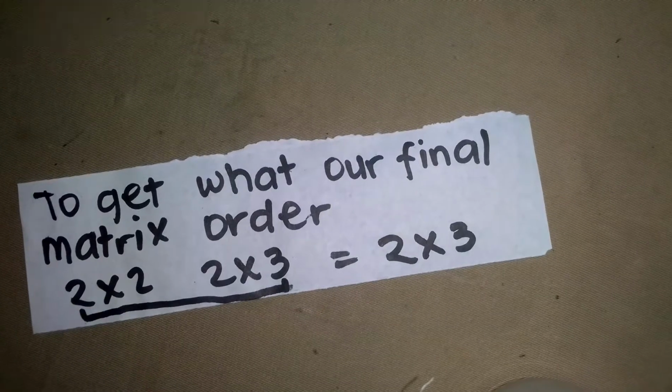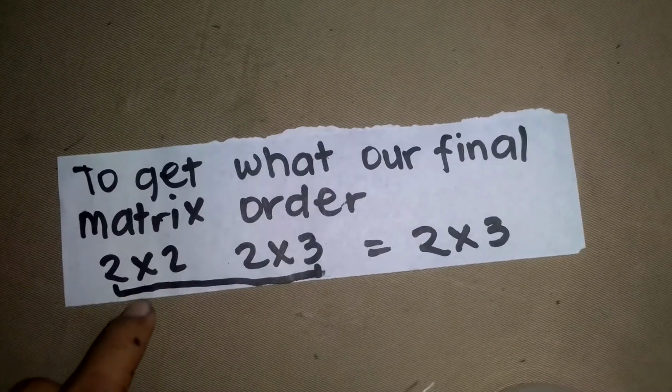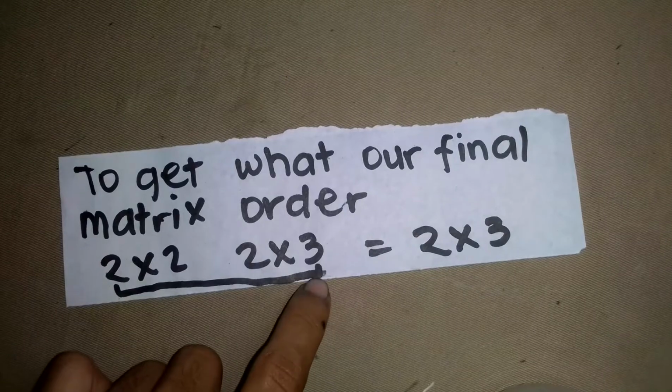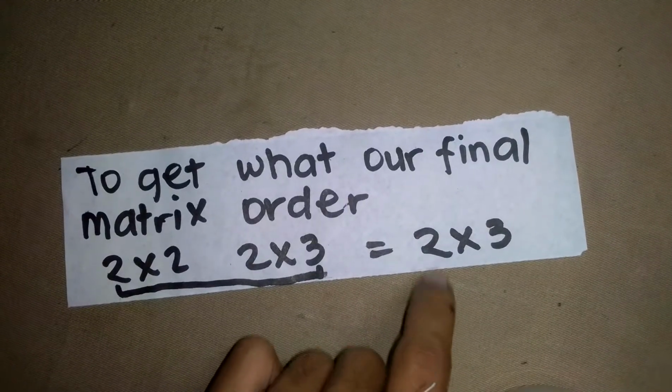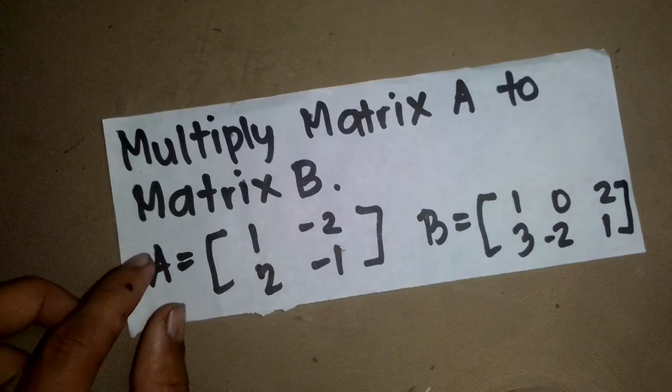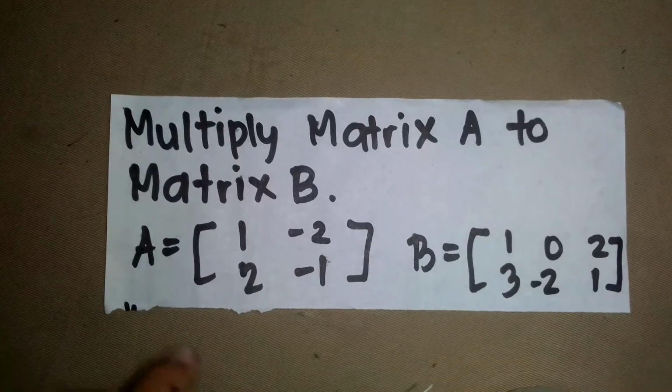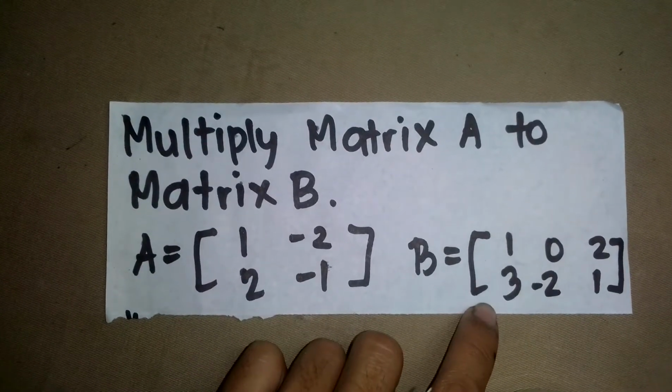If we multiply a 2 by 2 matrix and a 2 by 3 matrix, we get a final matrix of 2 by 3. For our example, multiplying matrix A to matrix B, we have a 2 by 2 and a 2 by 3.